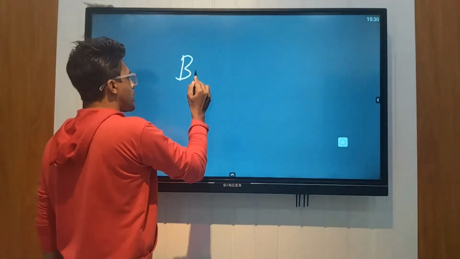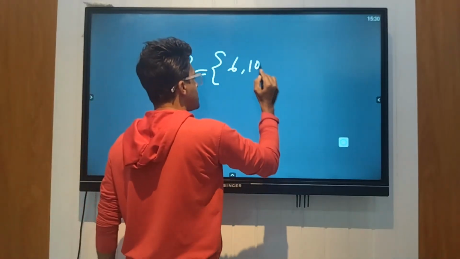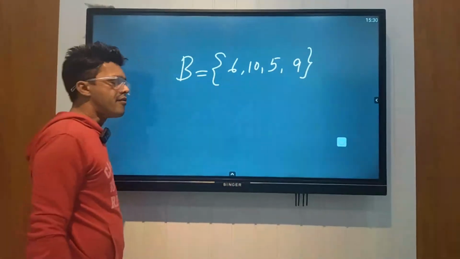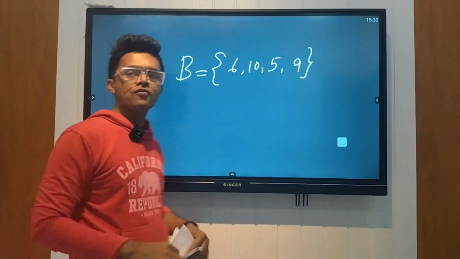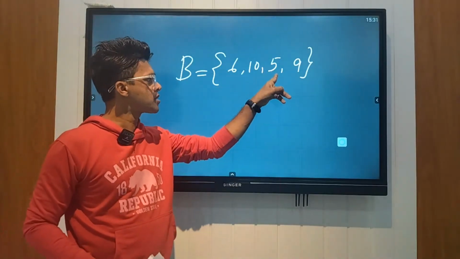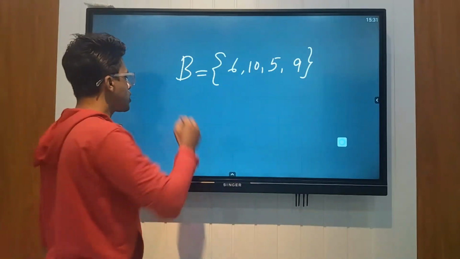I named this one as B: 6, 10, 5, 9. Is this a set? Yes, really this is a set. Elements of the set B: 6 is an element, 10 is an element, 5 is an element, 9 is an element. Think of this one.